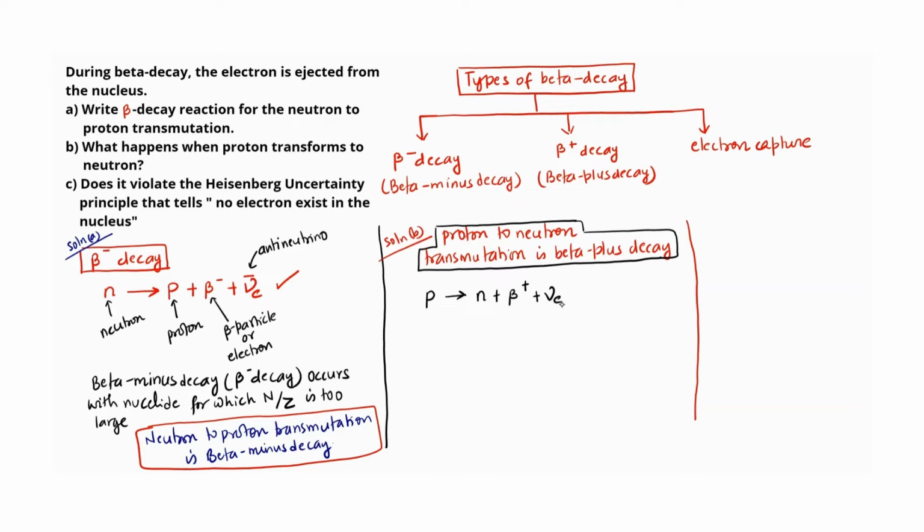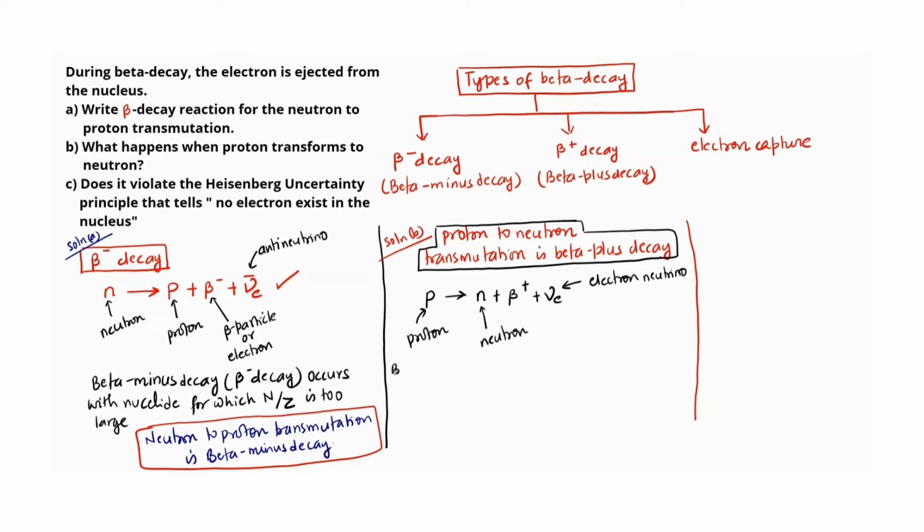So we have this. This is proton, this is neutron, and this is electron neutrino. So we have this, and beta plus decay.